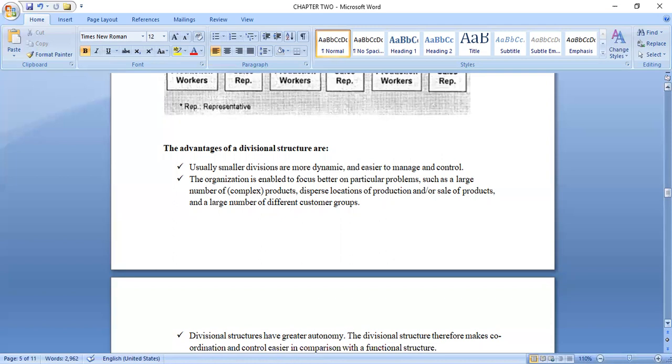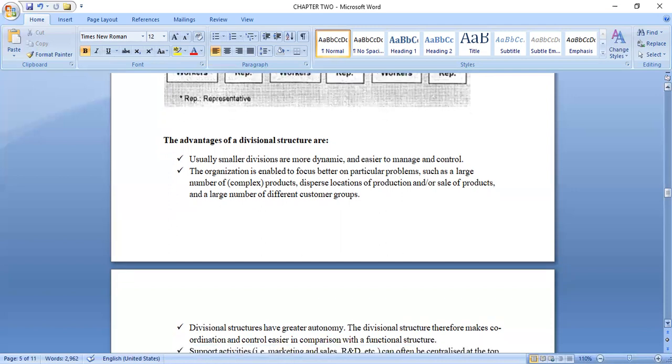For example, you could find that there are high transportation costs of transporting these products to the final user. But if we have different branches spread all over the country, then it reduces those transportation costs.